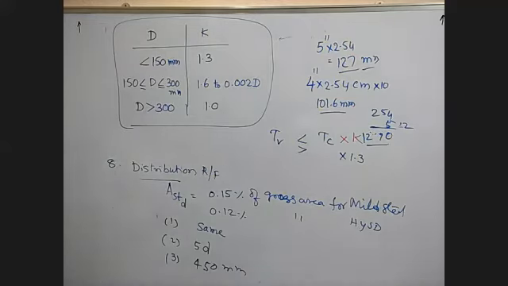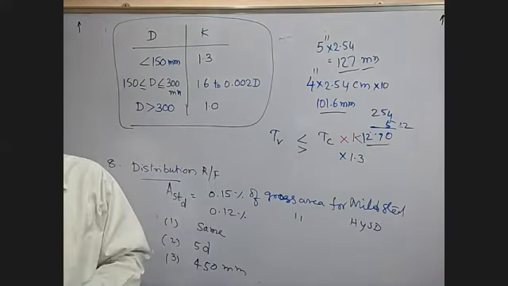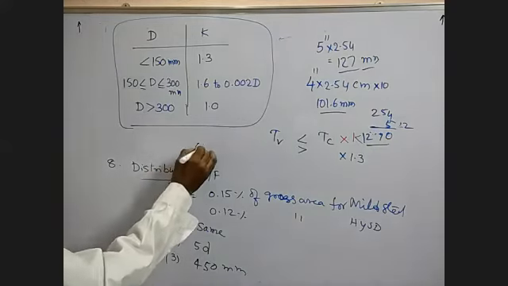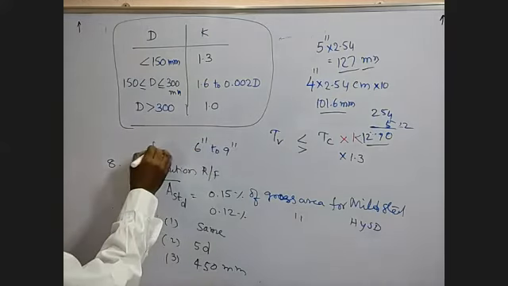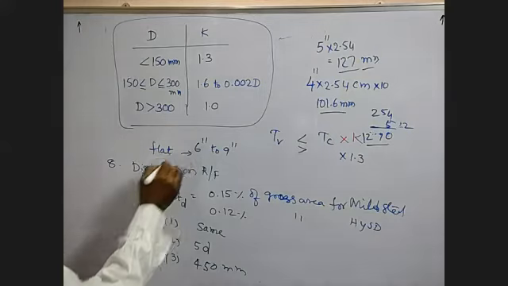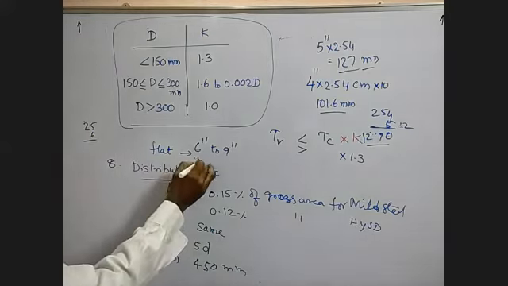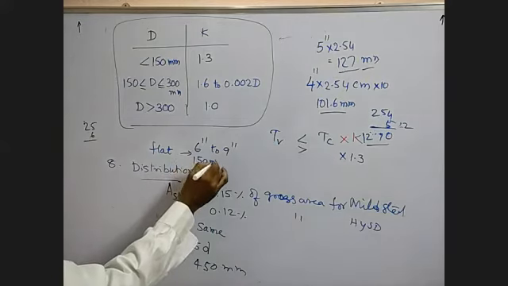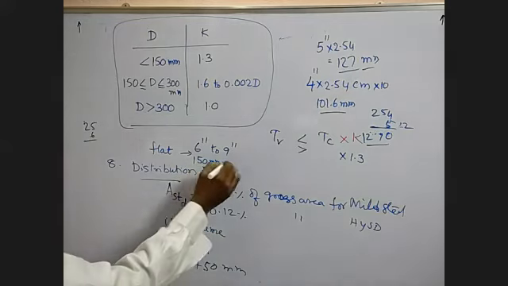Even for a flat slab, because we don't have any beams in this slab, the flat slab thickness may be 6 inches to 9 inches. That means 150 mm to 225 mm.